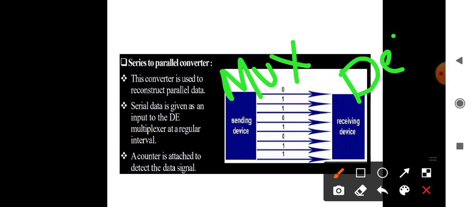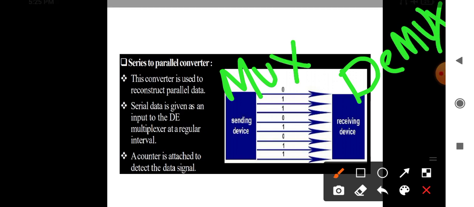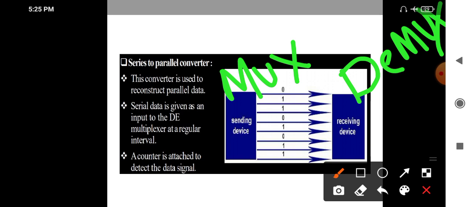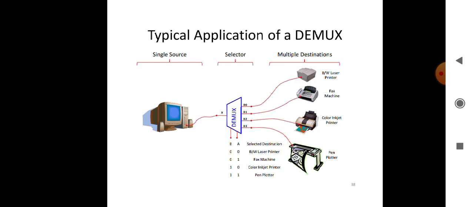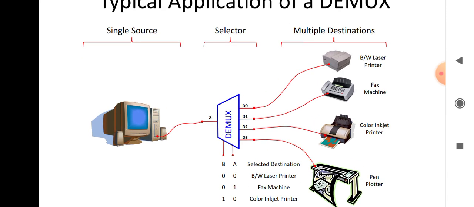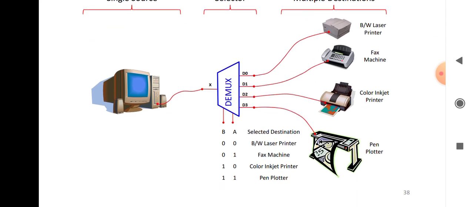This is the typical application of a demultiplexer: to select among different outputs. If you want to select the laser, printer, fax machine, cooler or pen plotter, whatever the data is, there is only one input and different outputs.